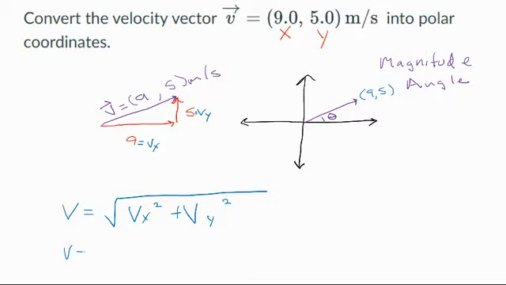So the magnitude is just going to be the square root of 9 squared plus 5 squared, which is the square root of 81 plus 25. What is that? 106.